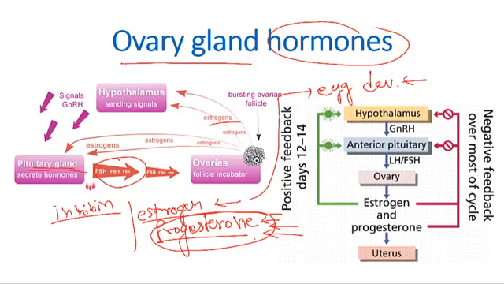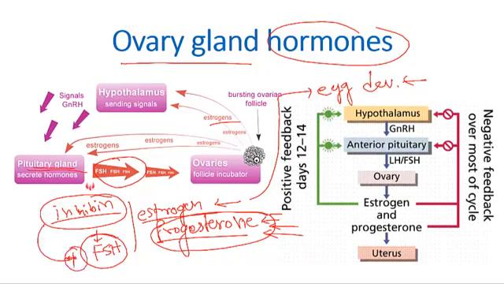While the last one, inhibin, regulates the secretion of follicle stimulating hormone, which you know is secreted by the anterior pituitary gland. So inhibin can actually inhibit the release of follicle stimulating hormone, and by doing so it blocks the production of estrogen and progesterone when it's not required.